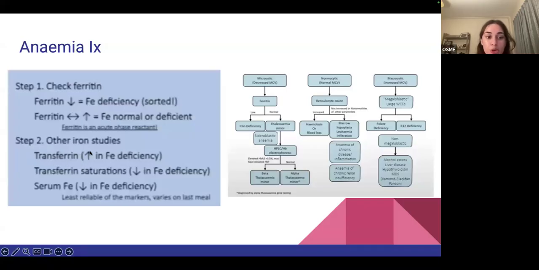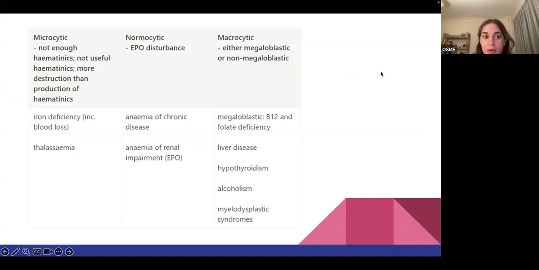So the body will produce more transferrin when there's low iron in the hopes that it can catch more iron, but the actual saturation, so how much is bound to iron, is actually lower in iron deficiency. And the ferritin will be low in iron deficiency.